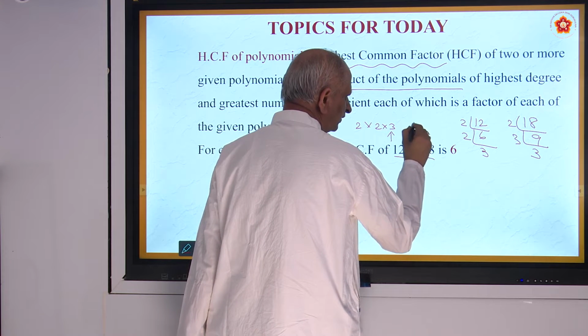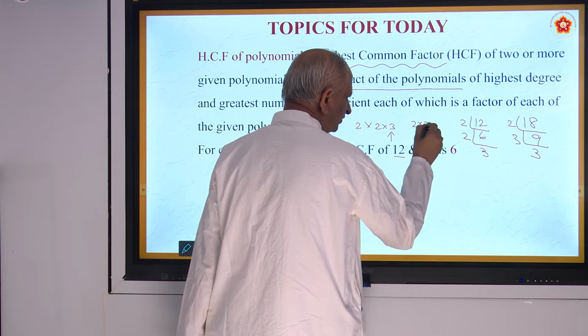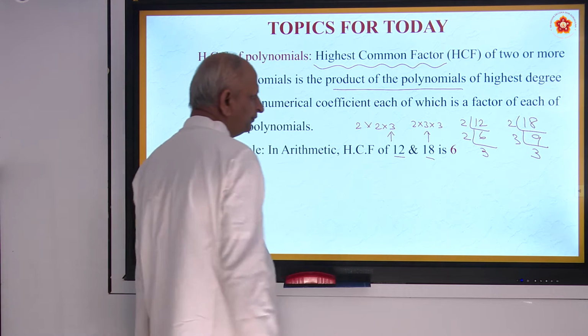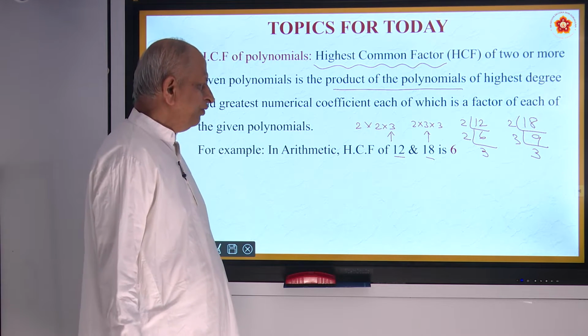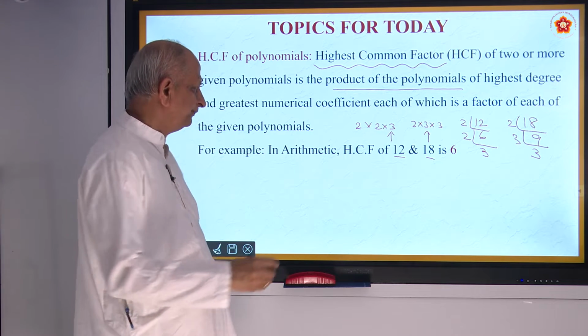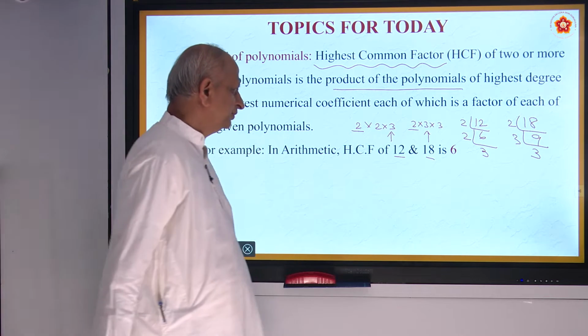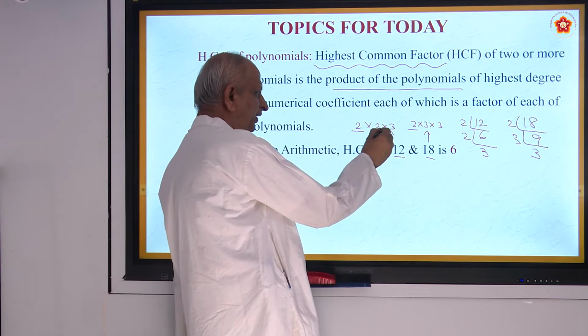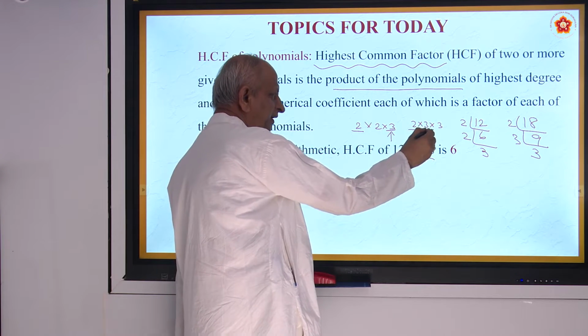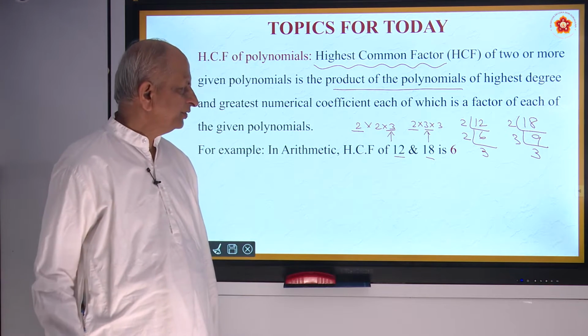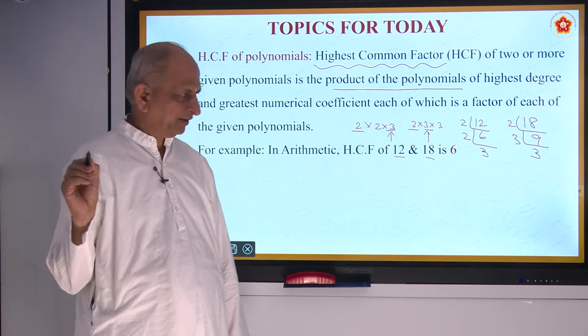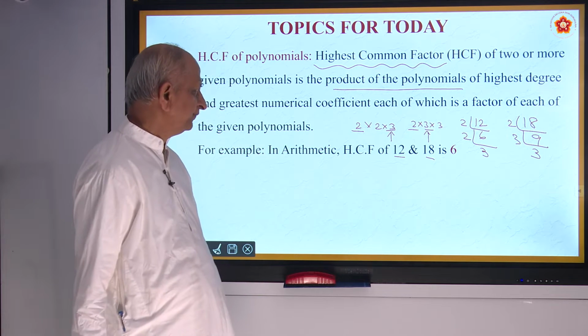This 18 is 2 into 3 into 3. Now, what is the common factor? 2 is a common factor, is it not? One more is 3. 3 is a common factor. So, only 2 common factors, one is 2, another is 3.